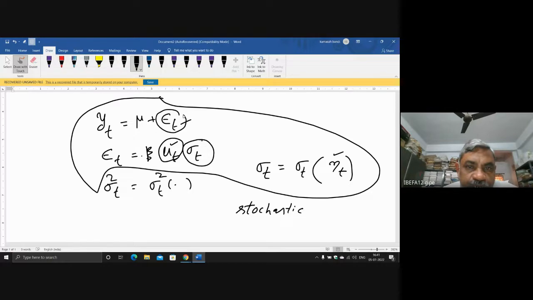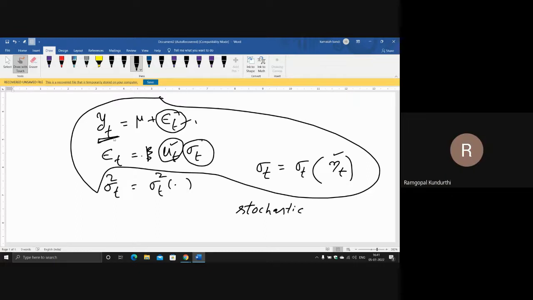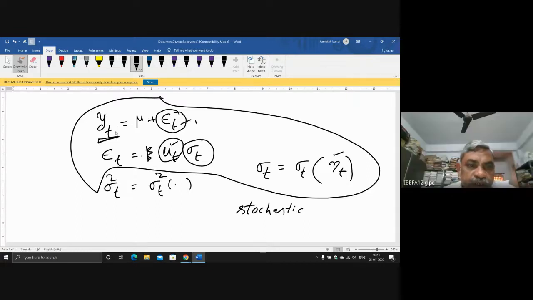What is epsilon t? What is epsilon t, to the extent that you have understood? It is an innovation in Yt. Yeah, this is the volatility around the mean. Actually, Yt, let us say, is the return.